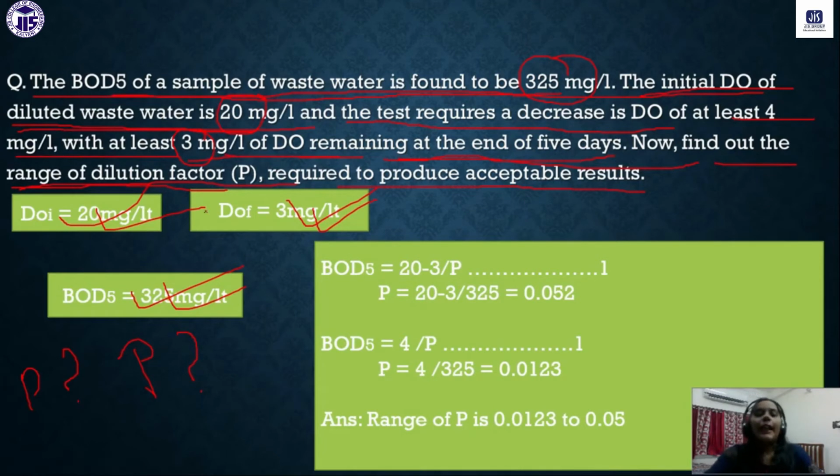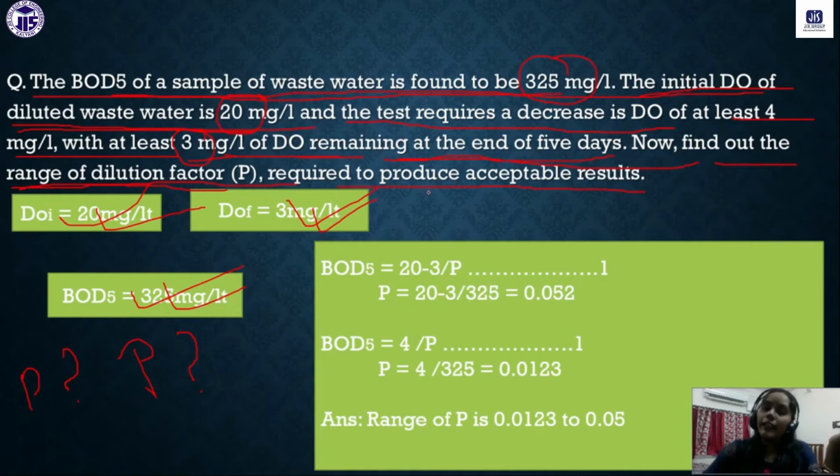Understand? Okay, now second question, for this numerical, which equation we have to use, the modified test equation or the previous test equation? So for this case, look here, we don't have any data regarding the bottle 2 or regarding the water sample.